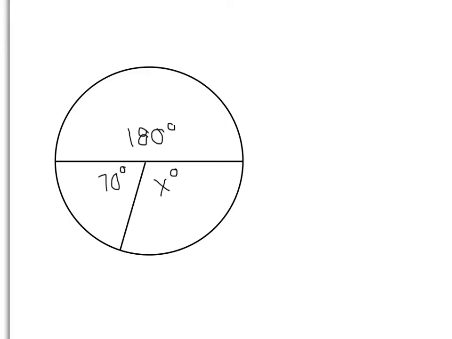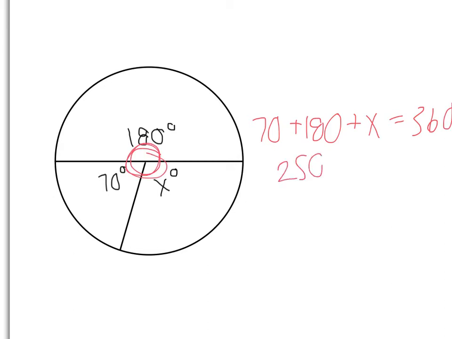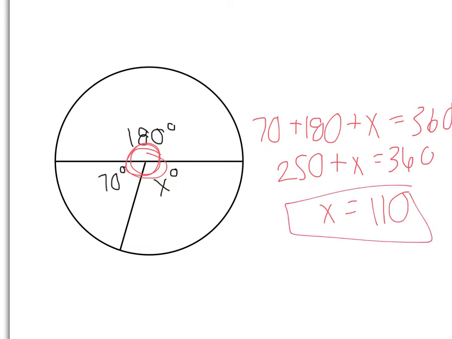For example here, you have one that's 70, one that's 180, one that's x. So 70 plus 180 plus x equals 360, because all of these angles together always equal 360. So we get 250 plus x equals 360, so x equals 110. That would be your answer for this one.